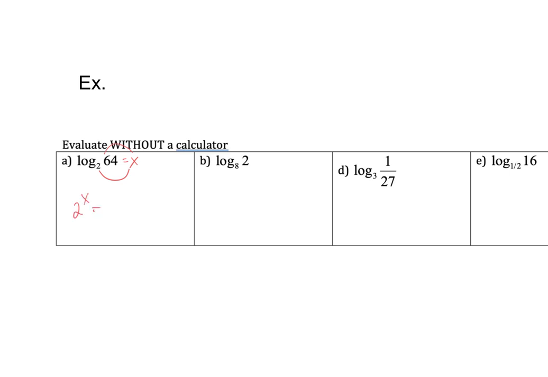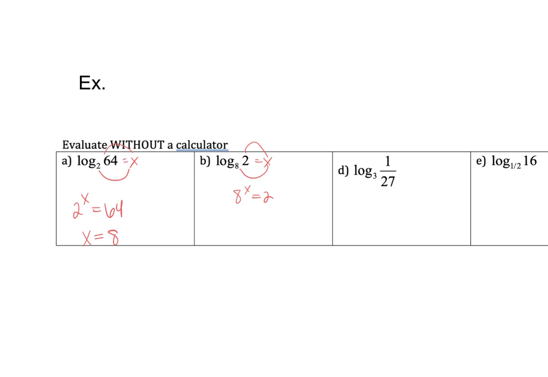2 to the x equals 64. I can do that in my head or use my calculator. X equals 8. 8 to the x equals 2. And I'm like, okay, well, I know 2 to the third is 8. So that means this is the cube root of 8 equals 2.